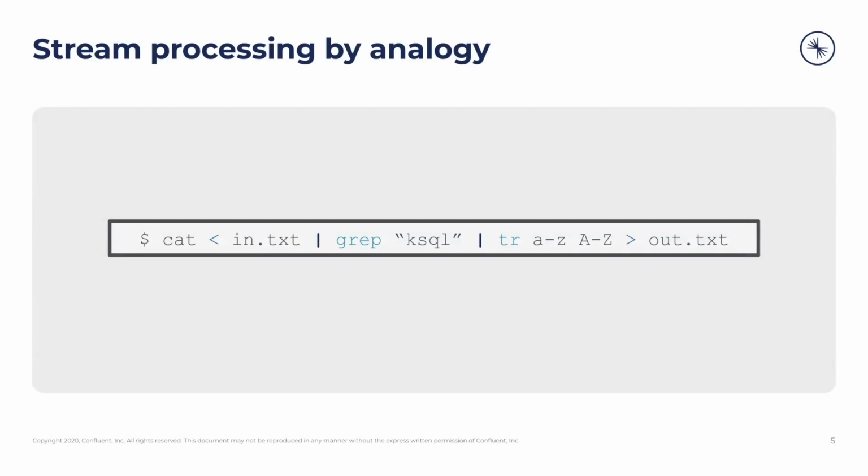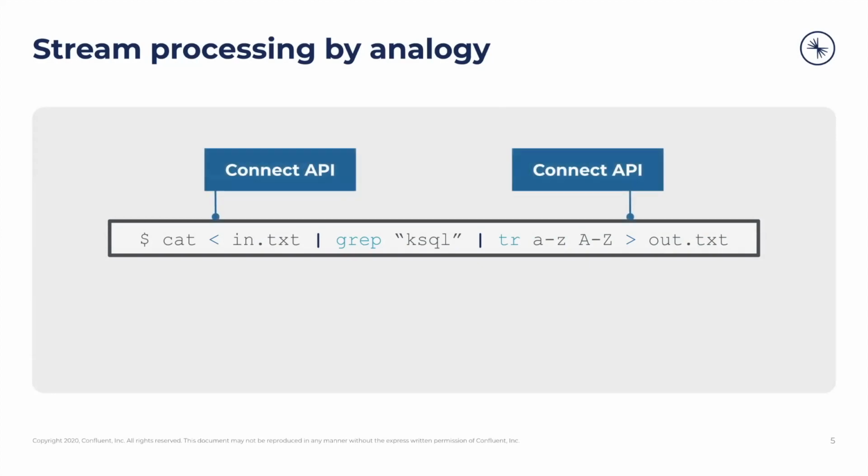So you can actually process data as it shows up. This is a helpful kind of model. If you've been writing any kind of bash scripts in your life, this should help you understand a nice way to think about what I've been talking about. Getting data into the system, and out of, can be thought of as the Connect API. There are these redirects, right? So if we cat the contents of a text file, you can then use little stream processors.